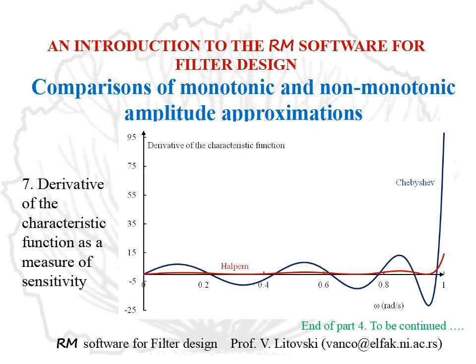So the larger the derivative of the characteristic function for a given frequency, the larger the mapping of the increment of the parameter into an increment of the attenuation. As we can see, from that point of view, Chebyshev filters are suffering from a serious disadvantage.